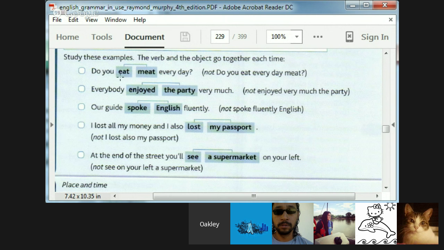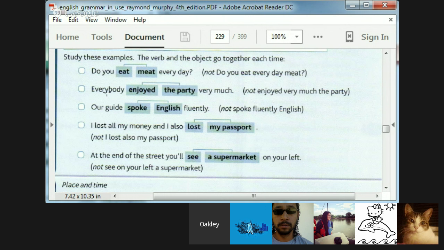For example, I'm not going to separate the verb and the object, but what if I put "every day" in front of the verb? "Do you every day eat meat?" That's a little weird with time, okay?